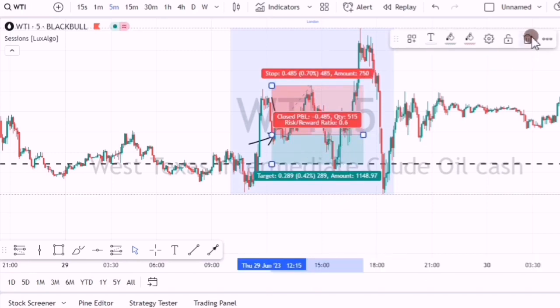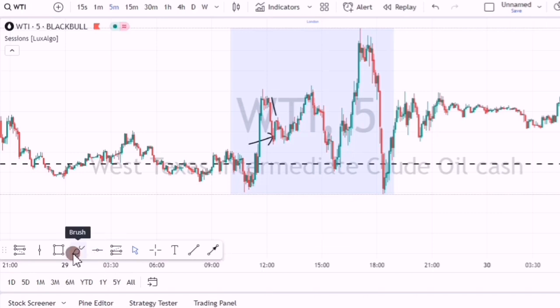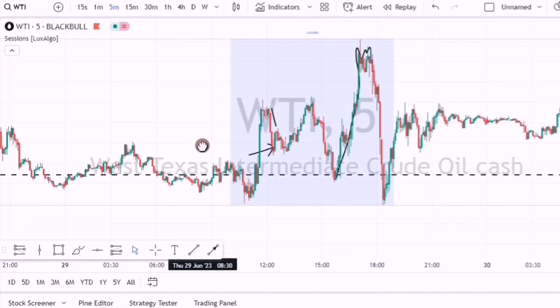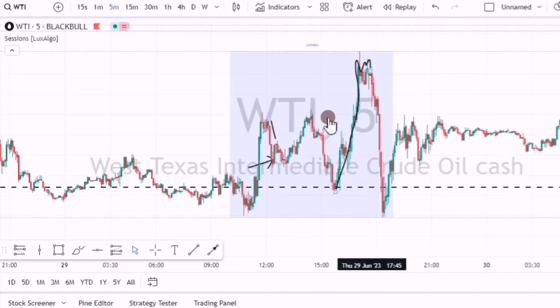But if you see a setup like this one, the aggressive move started here, went up, and right up there you start seeing rejections, and then you take your trade right here.